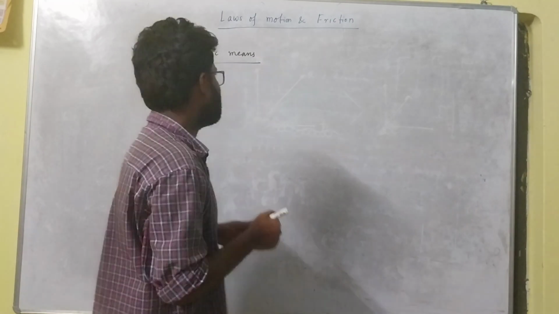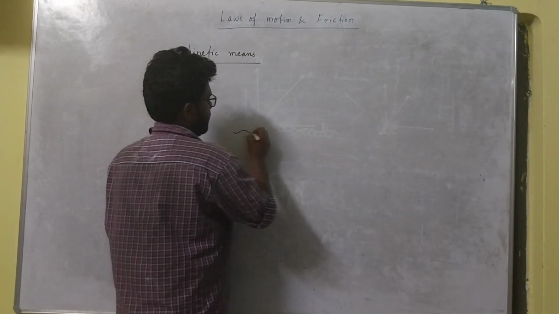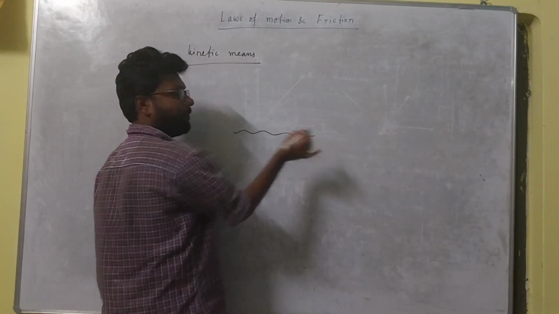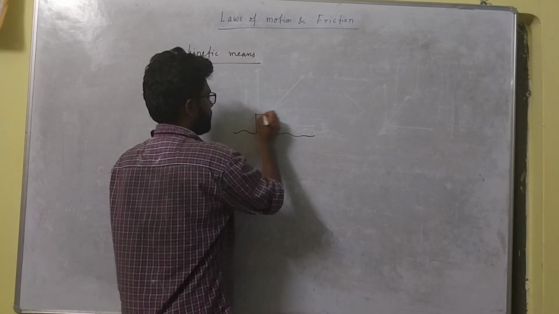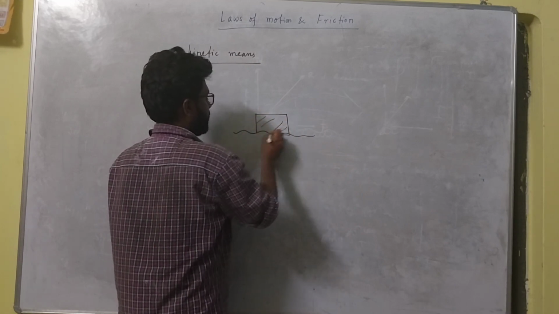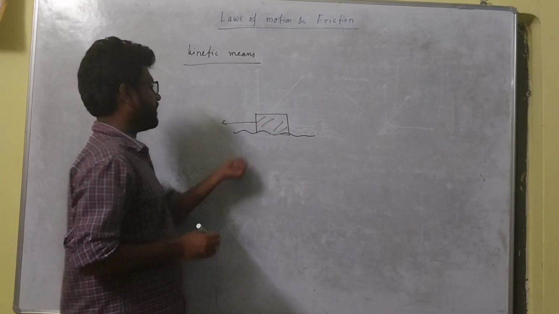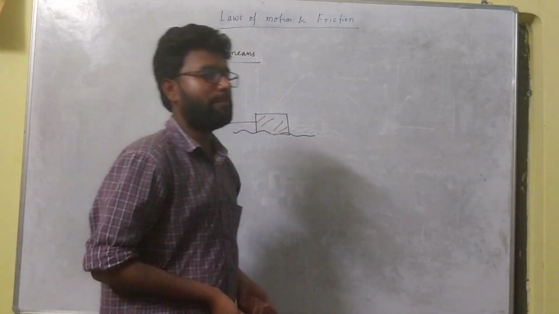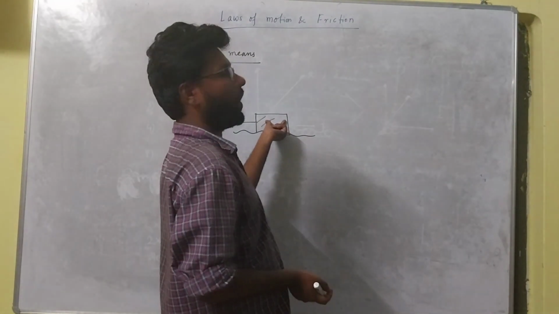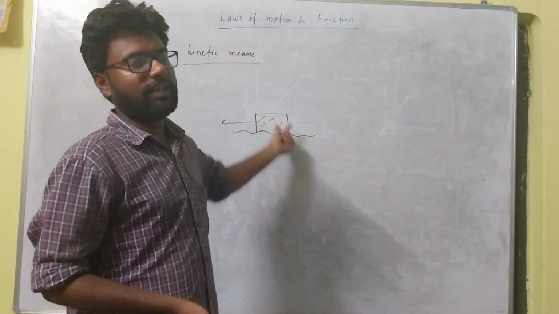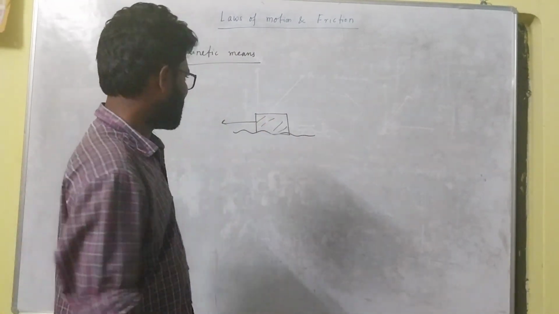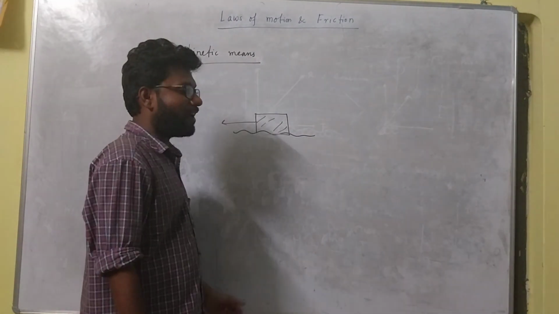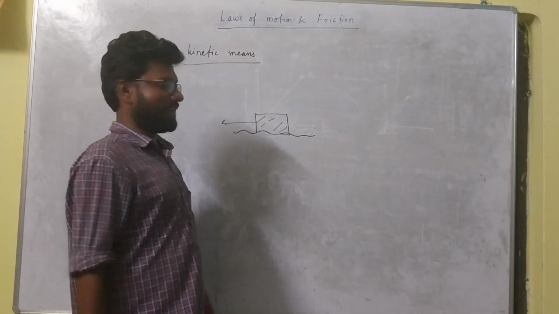Okay. So there is a surface, I mean the floor, and an object. If the object moves right or left, the friction that appears on that object is called kinetic friction. So just imagine how this kinetic friction appears.